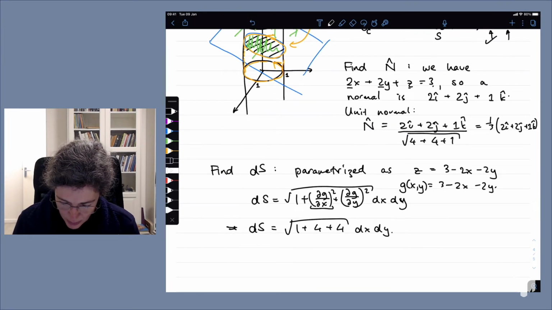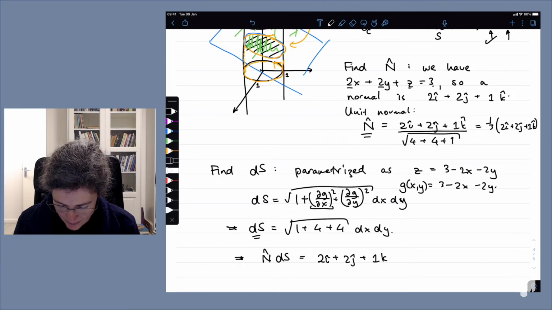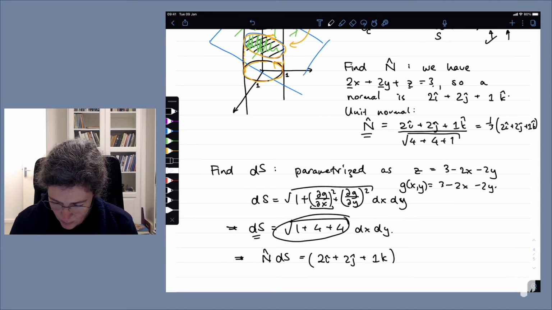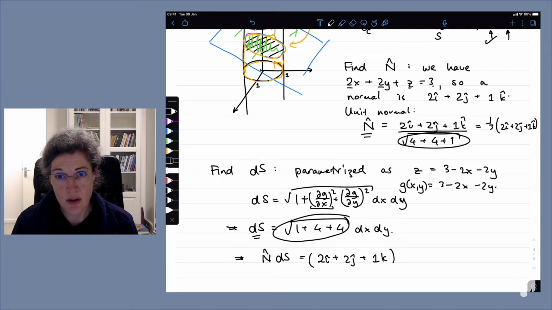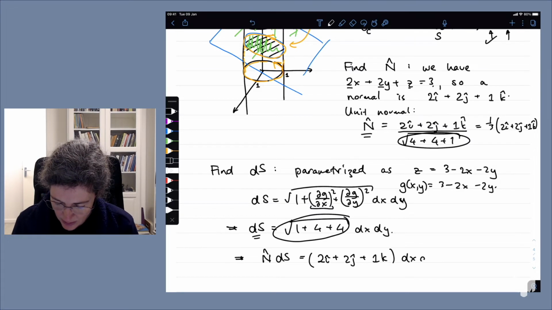So we can put our unit normal vector and our dS together to give us that this thing is equal to 2i plus 2j plus 1k, because this part of the dS is going to cancel with what was in the denominator there. And we need the dx dy.